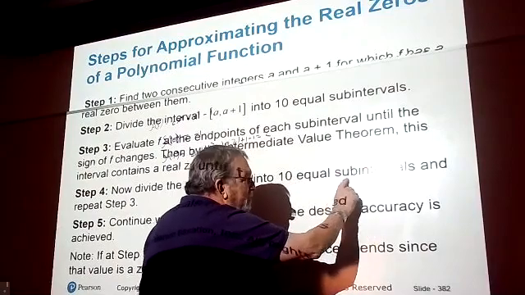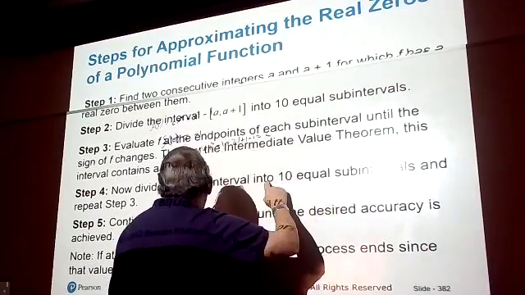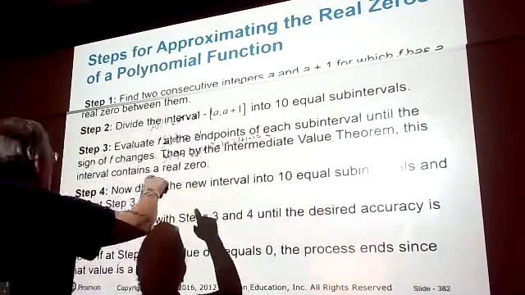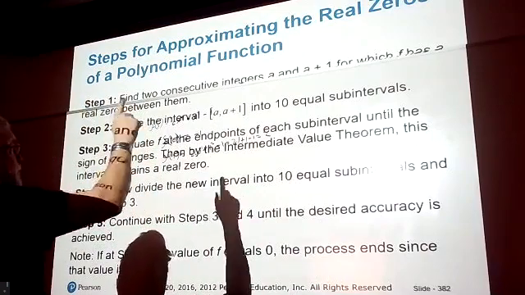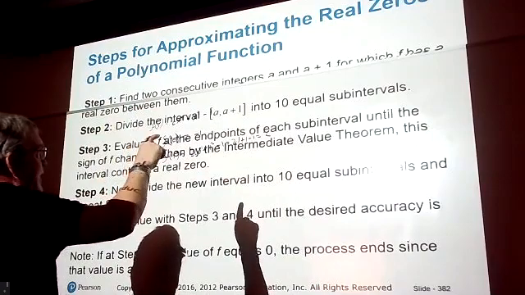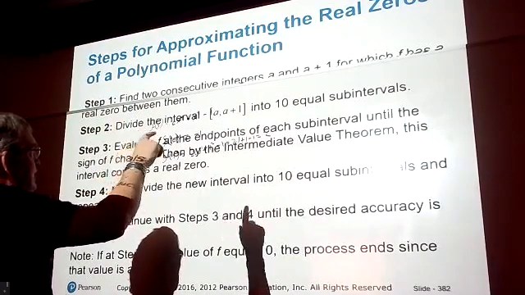All right, this is subintervals. So you want to find where you have two integers that are consecutive, where there is a sign change.